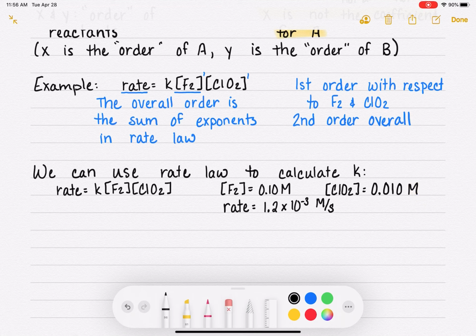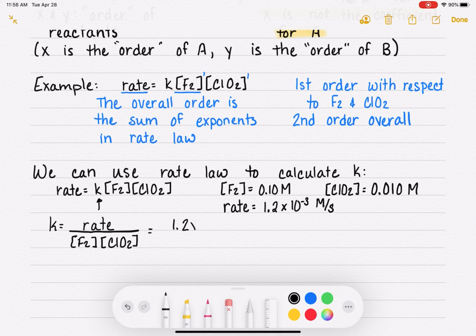So let's use this data to calculate K. And this is literally as simple as solving for an unknown variable where K is our unknown. So we're going to say that K is equal to the rate divided by [F2][ClO2]. This is just algebra. We're just rearranging that equation to isolate the variable that we're trying to solve for.